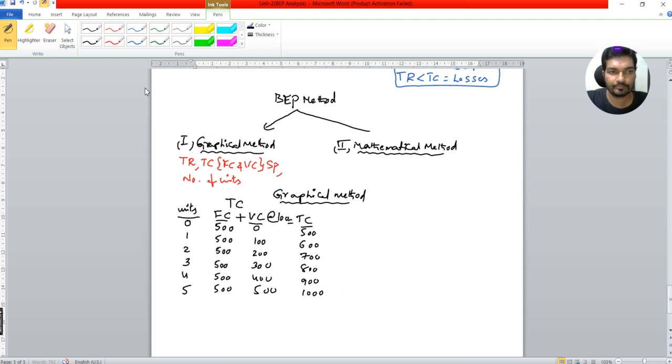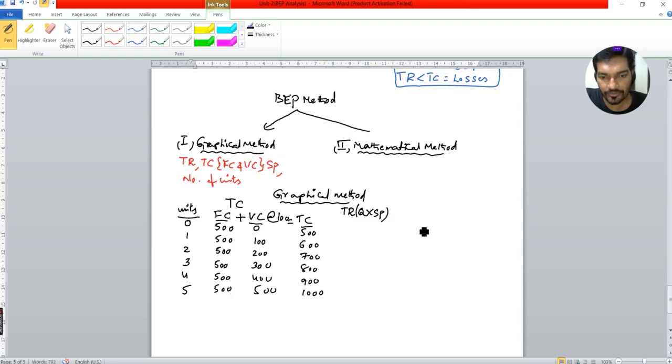Coming to the total revenue. Total revenue can be calculated with the help of the number of units already available here and the selling price. To find out the total revenue, Q into selling price.